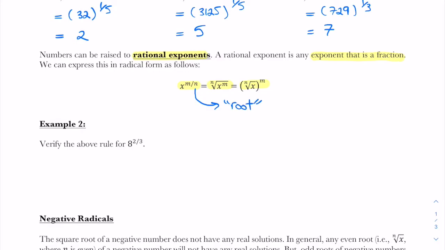For example, if that was a 2, it would be a square root. If it was a 3, it would be a cube root. A 4, it would be a fourth root, etc. What I'd like you to also take away is that m, the numerator of the rational exponent, plays the typical, for lack of a better word, I'll call it the exponent part.